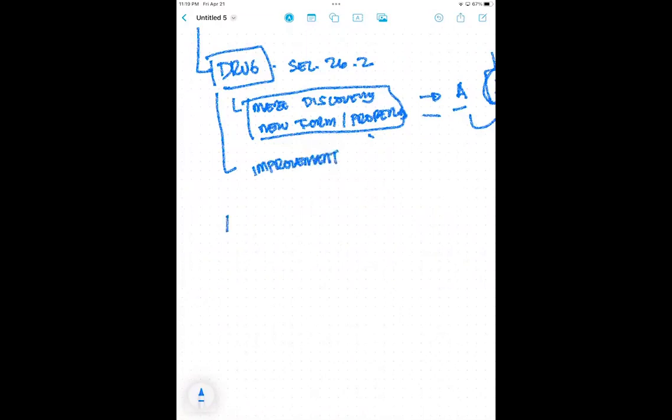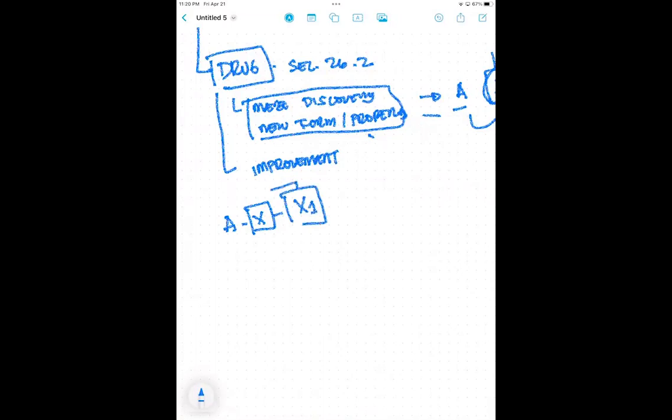So let's say A owns a patent for X, and through constant research and development, the company was able to come up with X1.